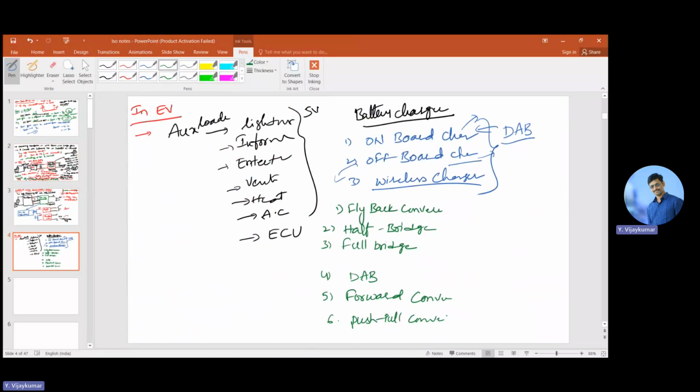Okay, so these are the different classifications that we have in the isolated DC-DC converters.